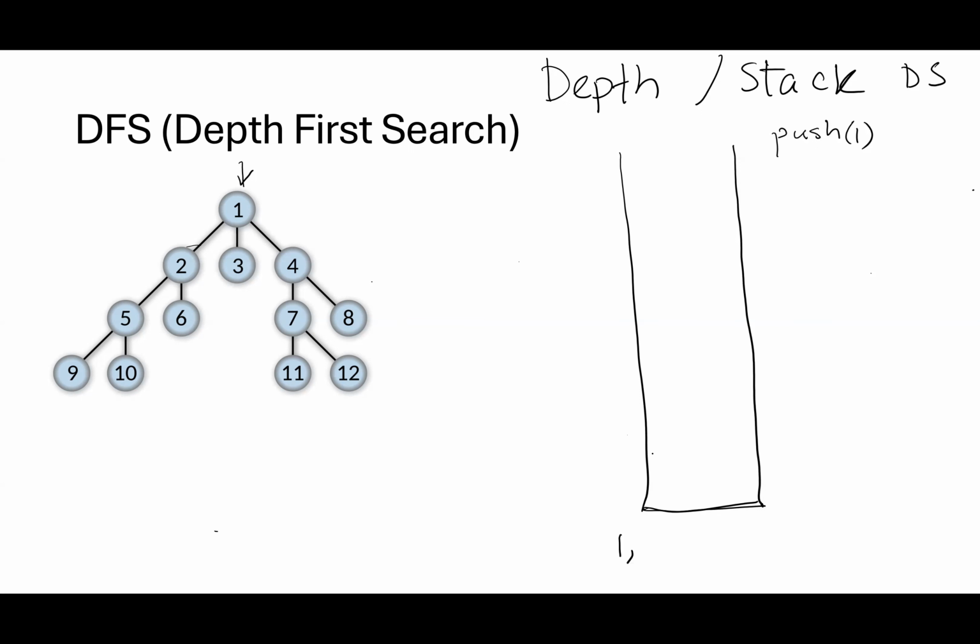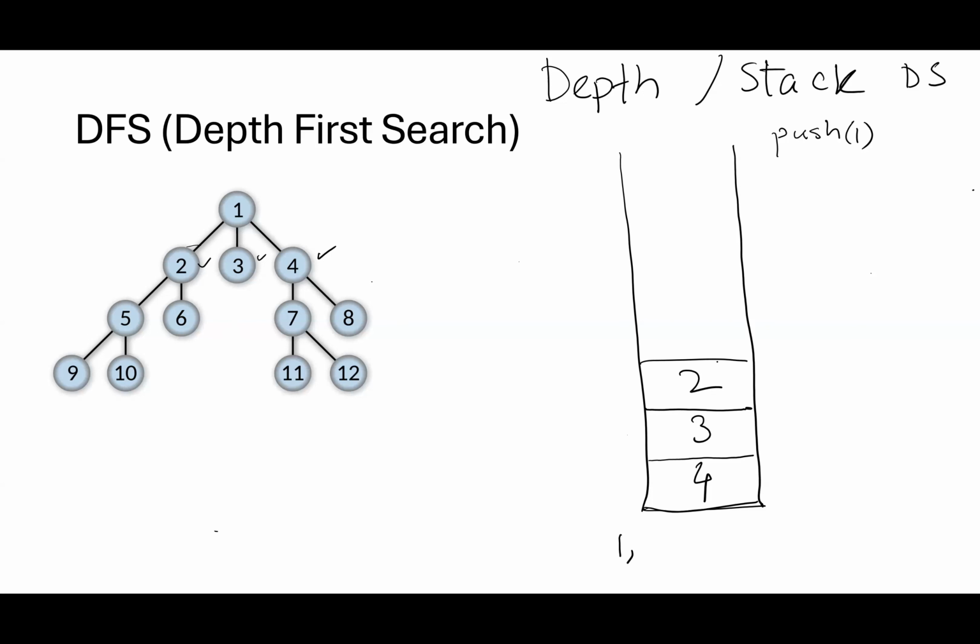And then we push the children of 1. For visualization purposes, we do it from right to left. You see the children of 1 are 4, 3, and 2. We push 4, and then 3, and then 2. Once we have popped 1, we have to push the children of 1. Now we're done pushing all the children.